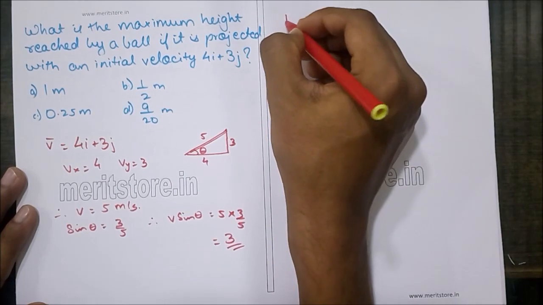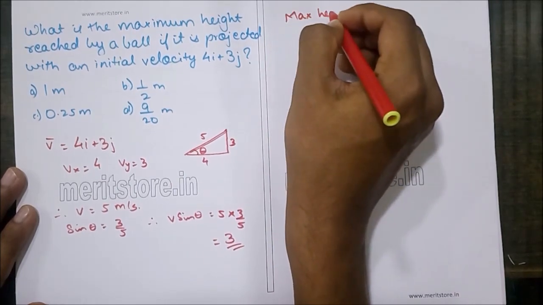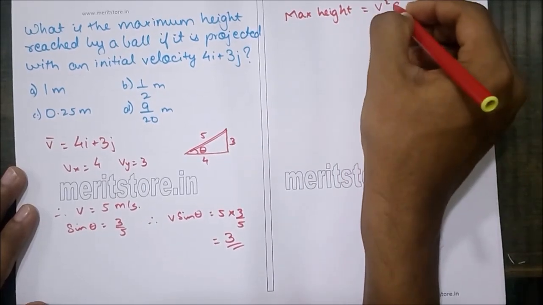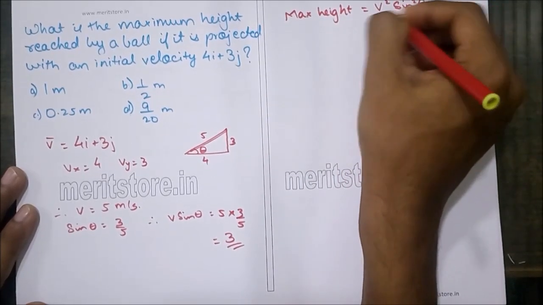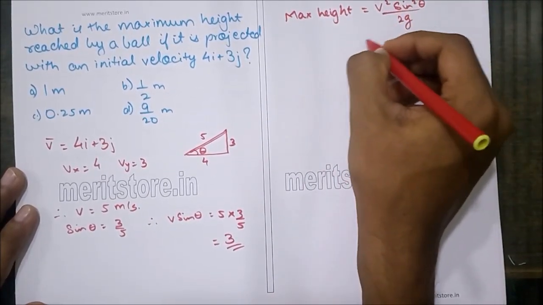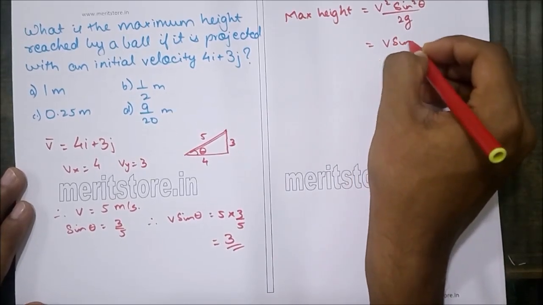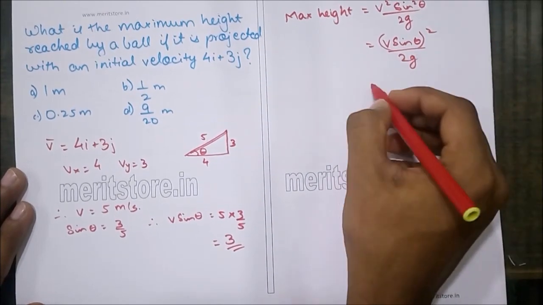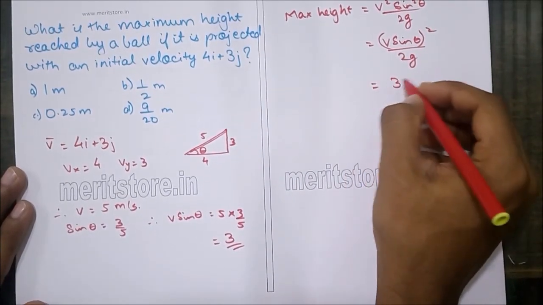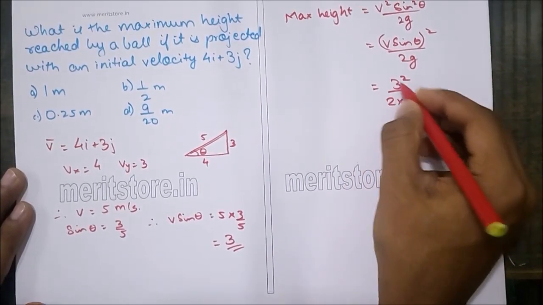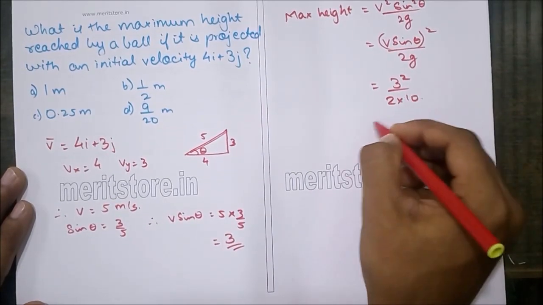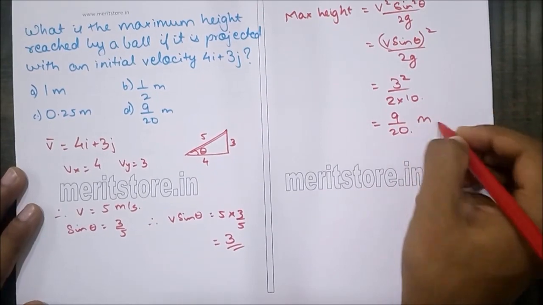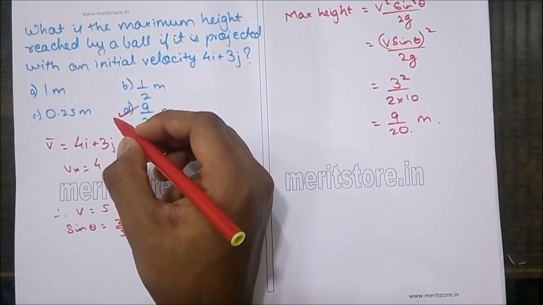The formula for maximum height is given by v square sine square theta upon 2g, which is nothing but v sine theta whole square upon 2g. V sine theta has a value of 3, so 3 square upon 2 into g, taken as 10, becomes 9 by 20 meters. Hence, option D is the correct answer.